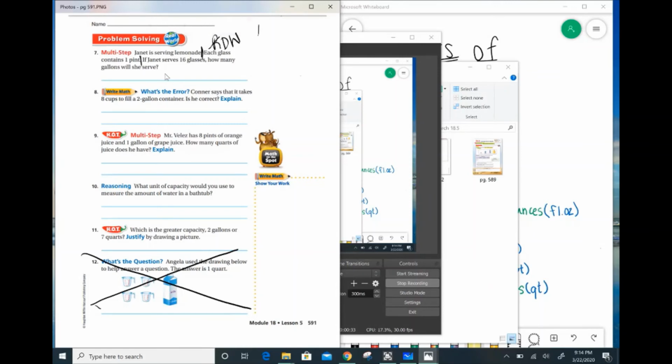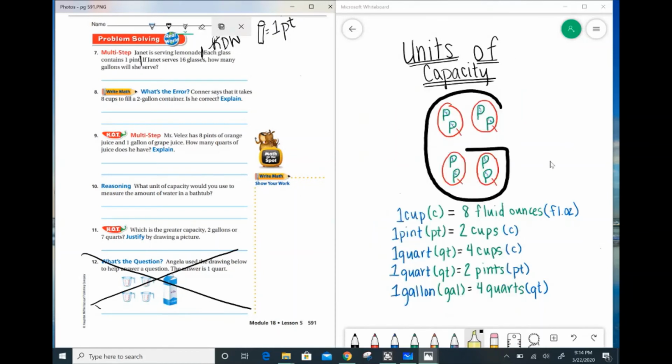So I know that each glass is equal to 1 pint. I'm going to write it there. Now, if Janet serves 16 glasses, how many gallons will she serve? So I know she needs 16 glasses. So I'm going to go ahead and draw 16 glasses.